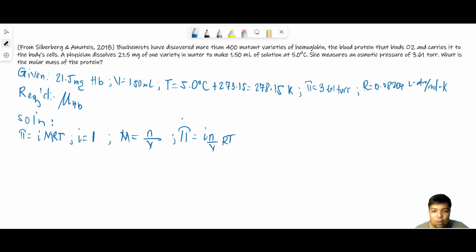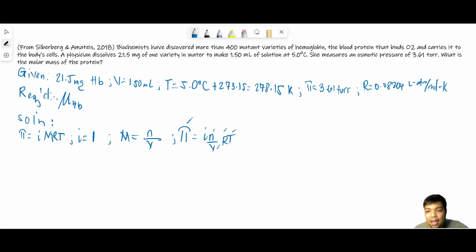Now we already have the osmotic pressure, the volume of the solution, which is 1.50 mL, then we have our gas constant, and we also have our temperature. So we don't know this one.